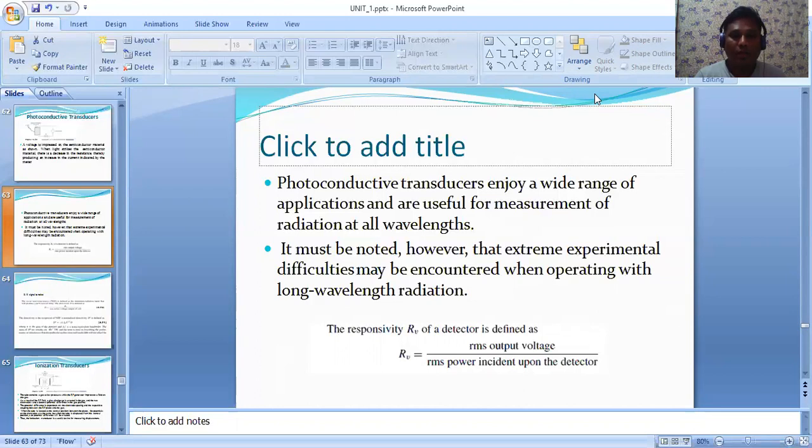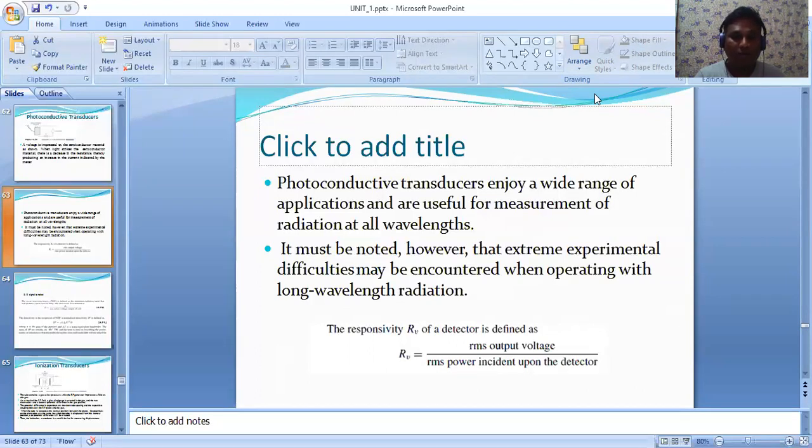It must be noted, however, that extreme experimental difficulty may be encountered when operating with long wavelength radiation. The long wavelength radiation is characterized by the responsivity RV.